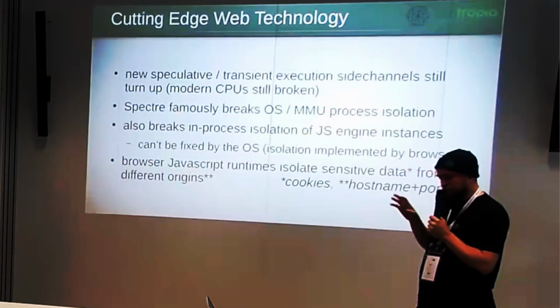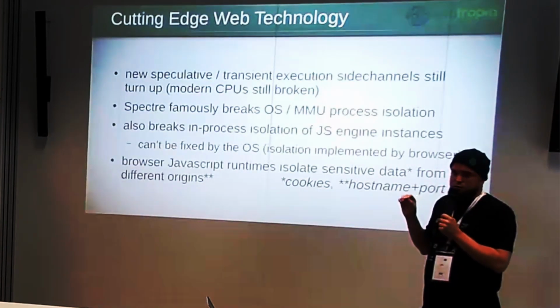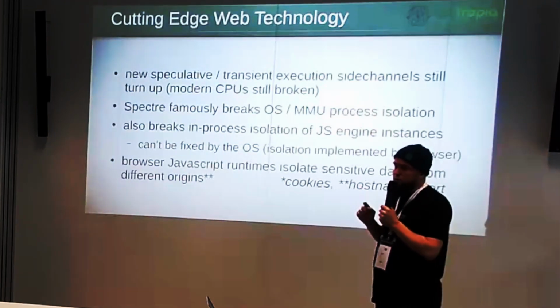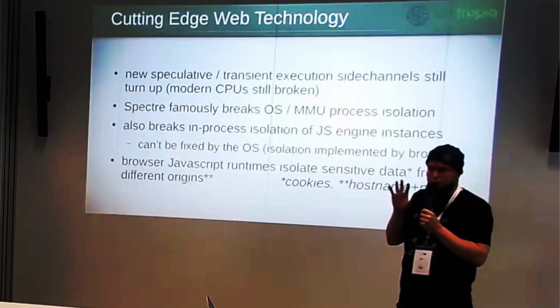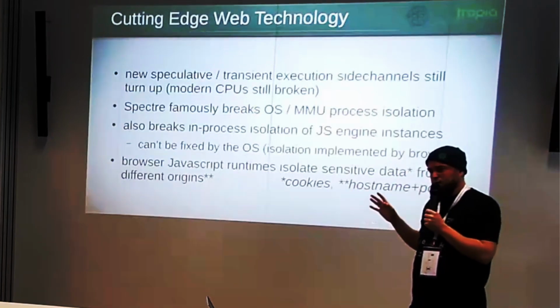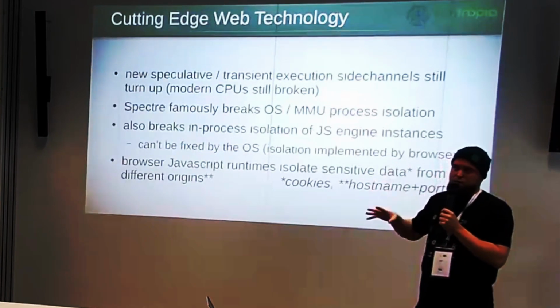Stuff from different origins gets executed in different JavaScript engine environments by the browser, but it's happening in one process. So one browser tab is usually one process for the operating system, and all the operating system cares about when it comes to the Spectre and Meltdown vulnerabilities is to restore the process isolation.